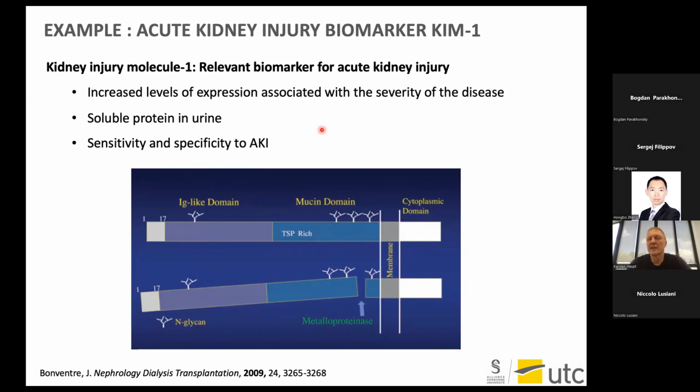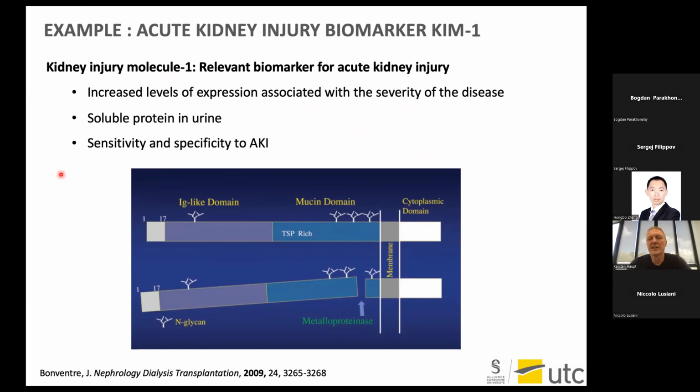This is a protein that normally is found on the surface of kidney cells, but during acute kidney injury, which affects as many as 1 out of 3 patients entering intensive care, and as many as 1 out of 2 patients in reanimation, they have an increased risk to contract an acute kidney injury, and this is either related to their illness or to the treatment of the illness, which often affects the kidney.